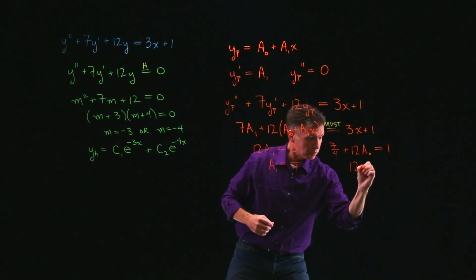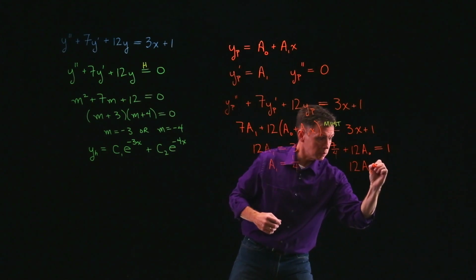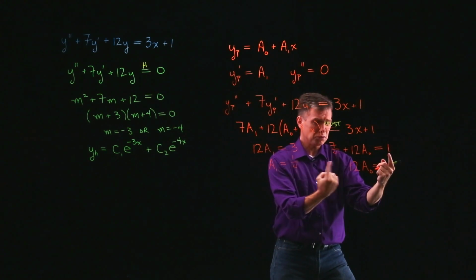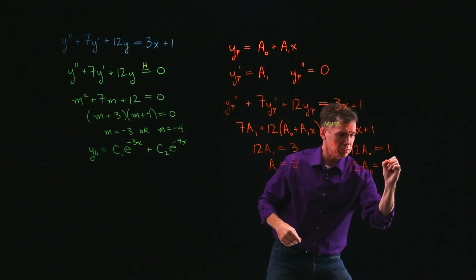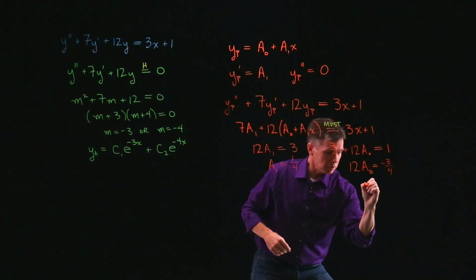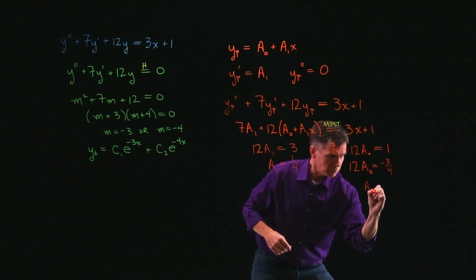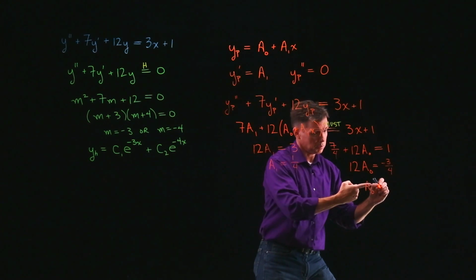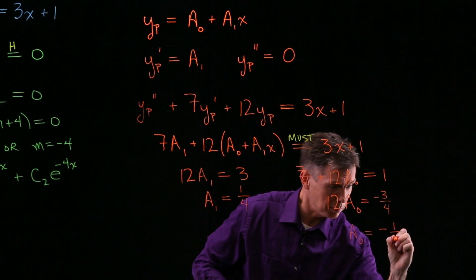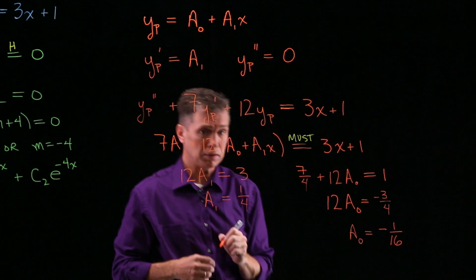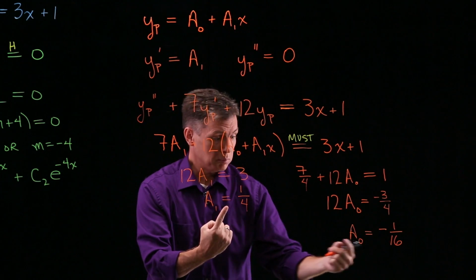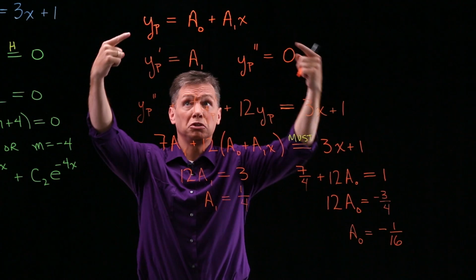So 12a sub 0 equals, let's do some arithmetic again. This is like 4 over 4, subtracting 7 over 4, so minus 3/4. And then my a sub 0 equals, divide over the 12, and I think I should be looking at a minus 1/16, okay?